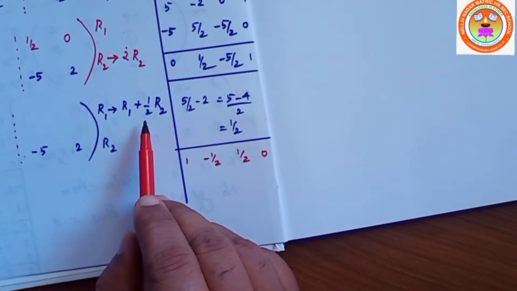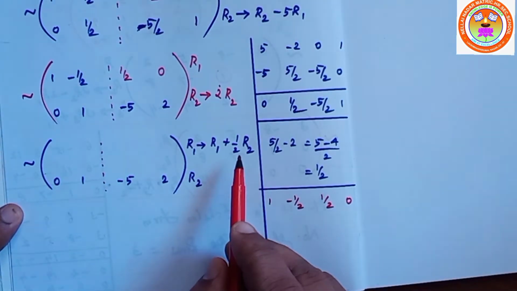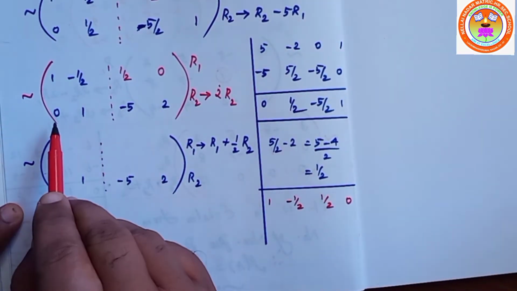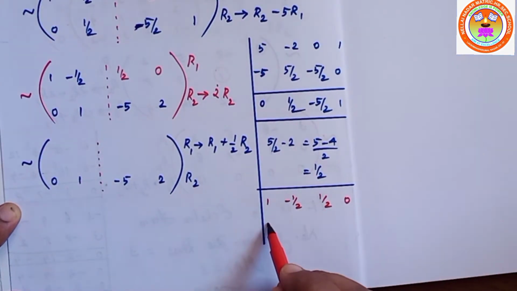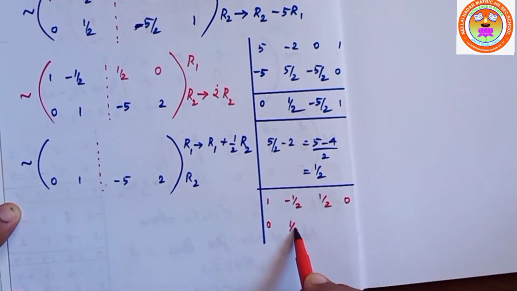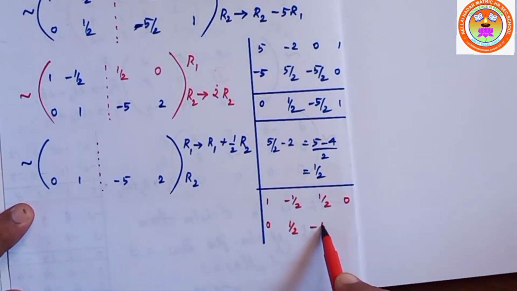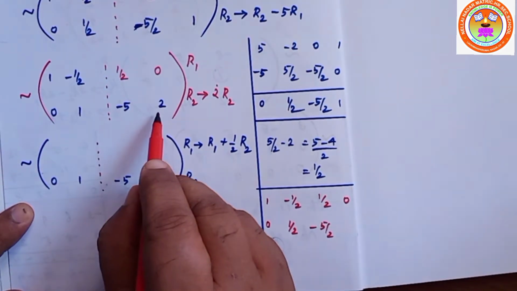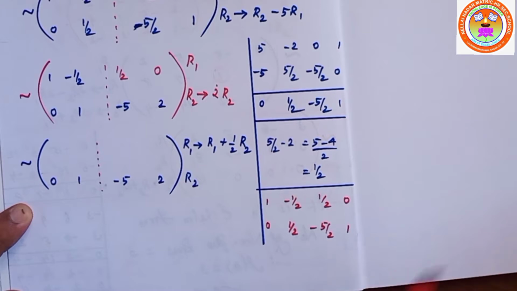R2 should be multiplied by half. If you multiply it by half, 0 into half that is equal to 0, 1 into half that is equal to half, minus 5 into half that is equal to minus 5 by 2, 2 into half, 2 get cancelled, 1.